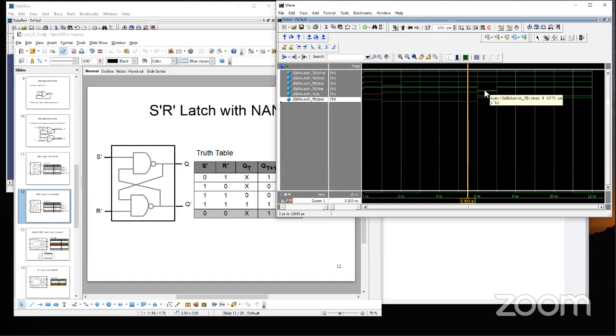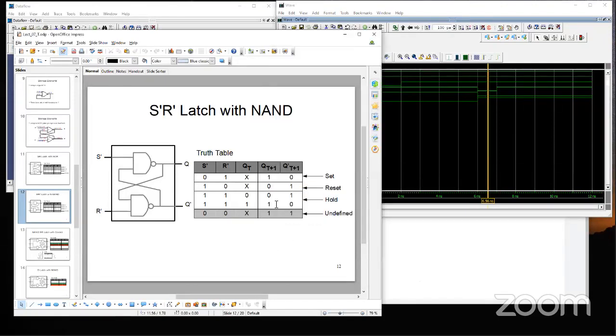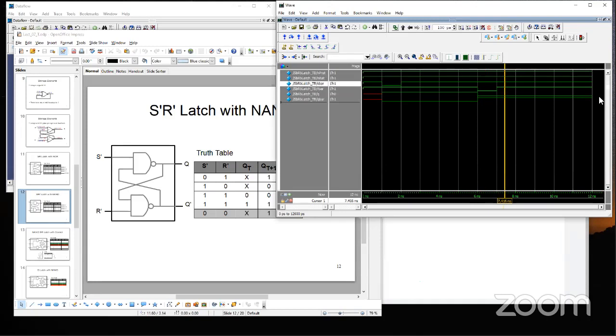And then we change the input, keeping S bar at 1 but R bar at 0. That makes the next output Q(t+1) equal to 0. That's the reset condition. And then we keep it at hold, and that hold is done.